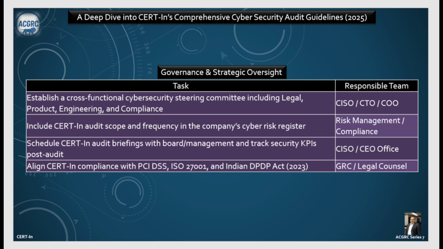This is where your CISO and the CEO office would lead this. Step 4 in this is aligning your CERT-In compliances with PCI DSS, ISO 27001 and with Indian DPDP Act. This is where your legal counsel and your GRC leads would take their responsibilities.